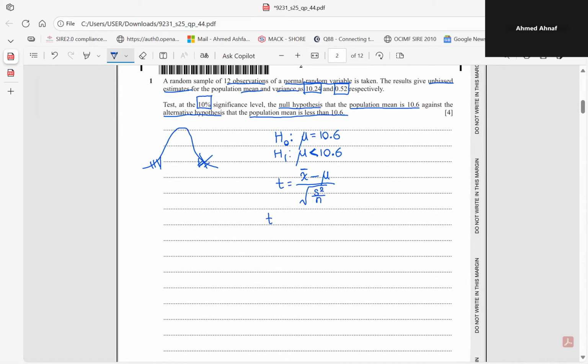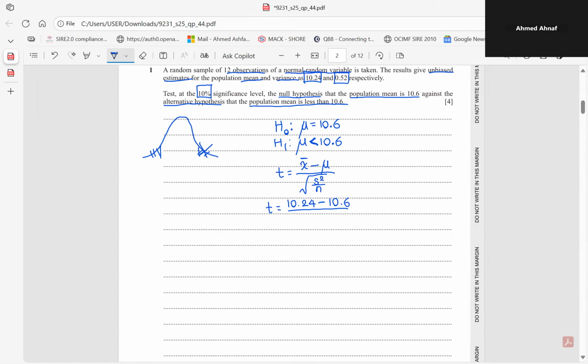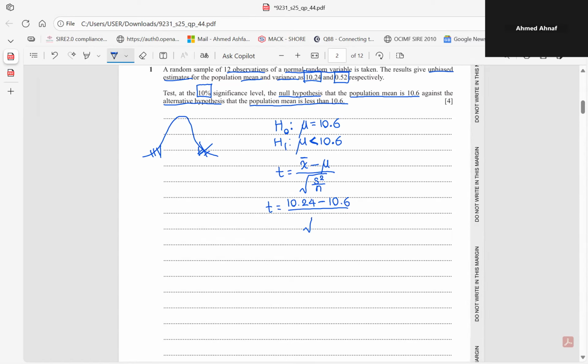So let's substitute everything. x bar is 10.24 minus 10.6 over the square root of the sample variance, 0.52, over 12.